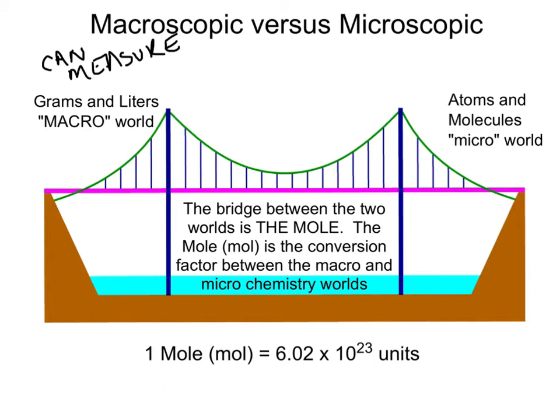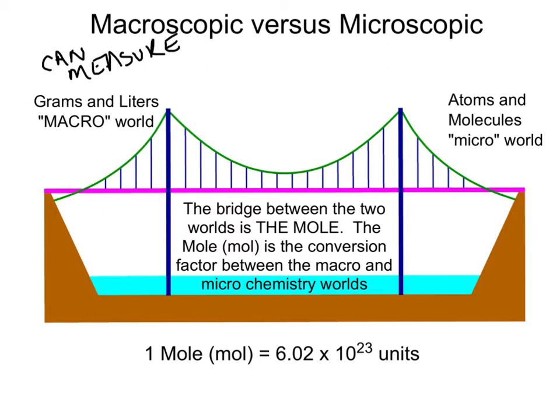So this is on a fixed ratio, 1 to 2, 2 to 3, whatever, based on the balanced formulas, balanced equations, whereas this can be any number of grams or liters. So we need to have the conversion between here and here to represent that, and that's where the mole fits in.